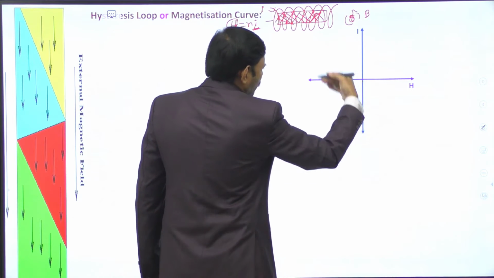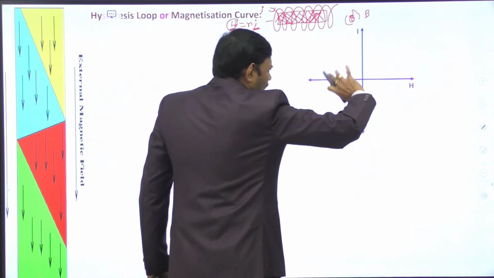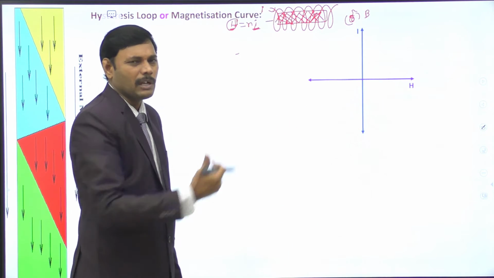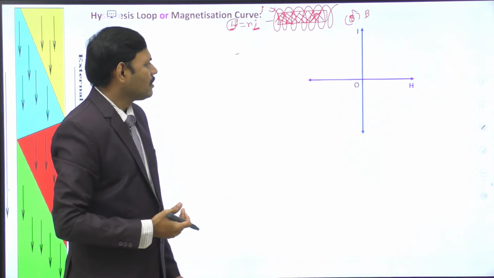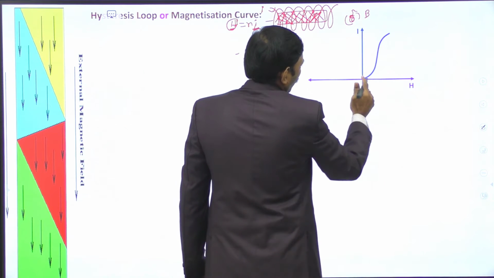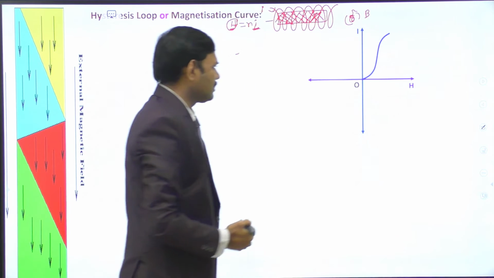As H increases in a ferromagnetic material, all domains try to orient along the same direction and give a large amount of magnetic moment, that is, the intensity of magnetization. So when H increases, see the graph, in this way I also increases.